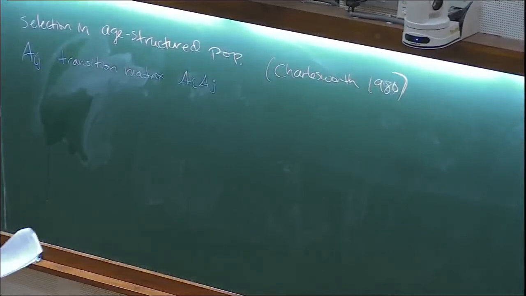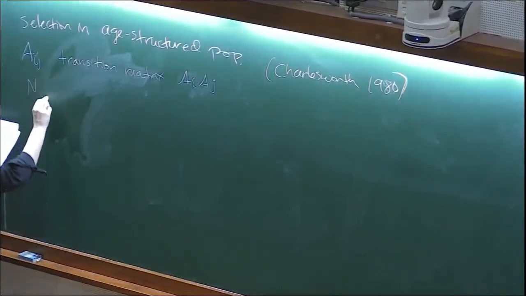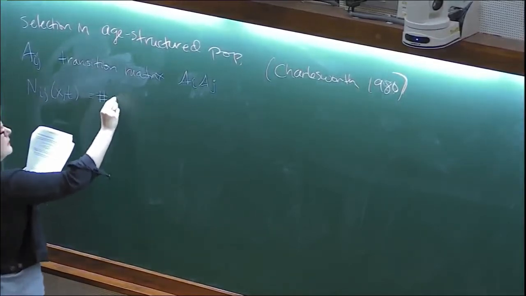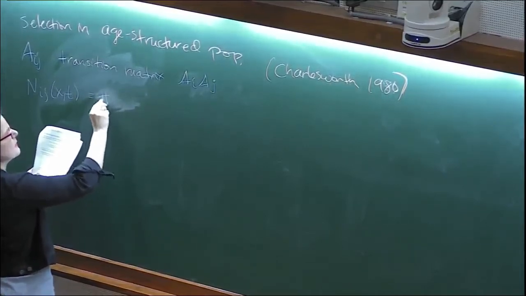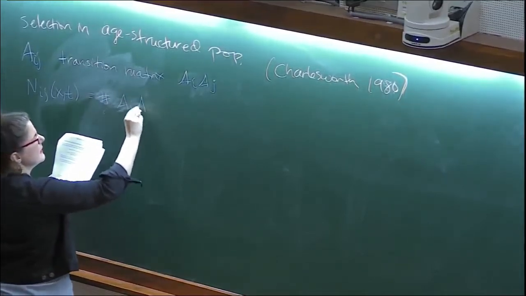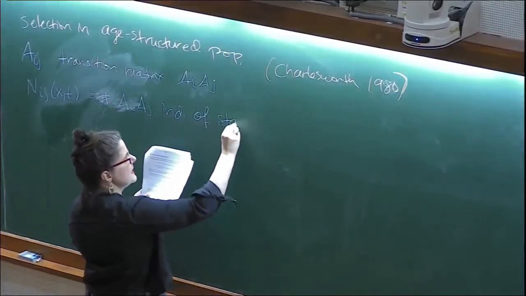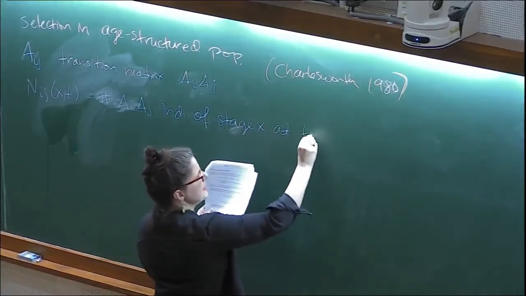In that case, now we might want to track the number of individuals, not just of a certain stage, but also a certain genotype. So we're going to follow the number of AiAj individuals of stage x at time t.